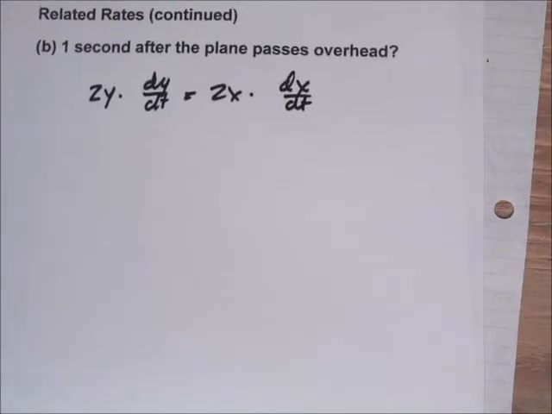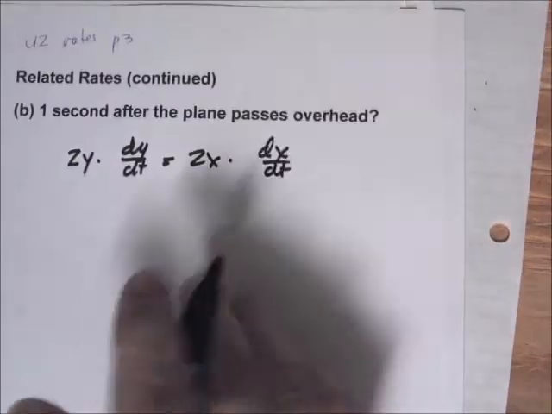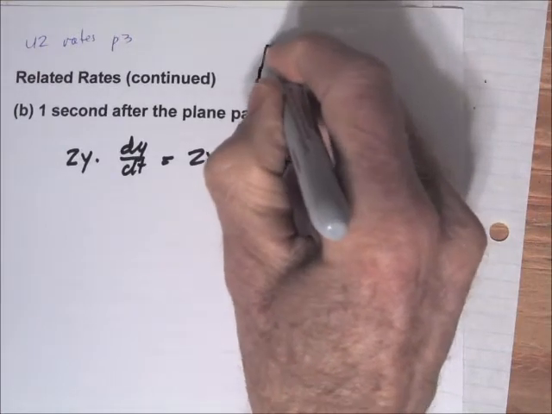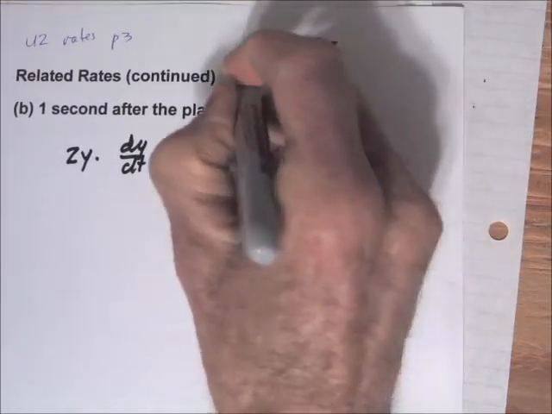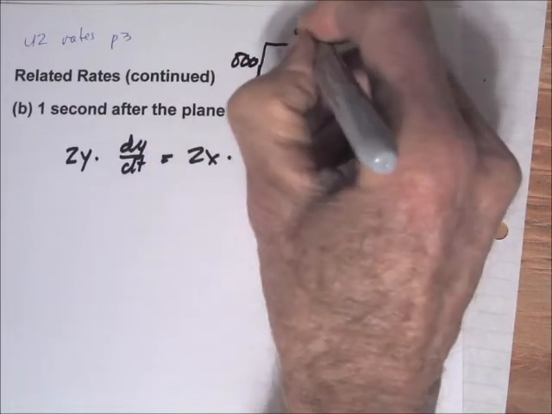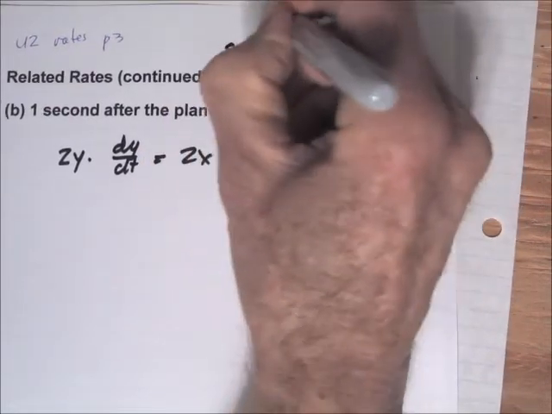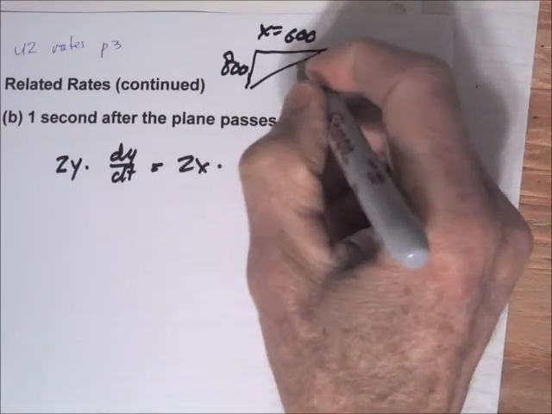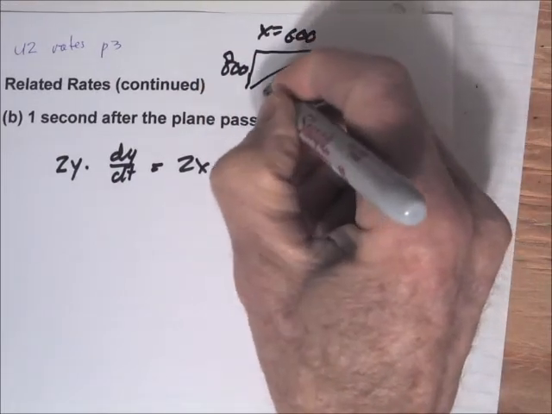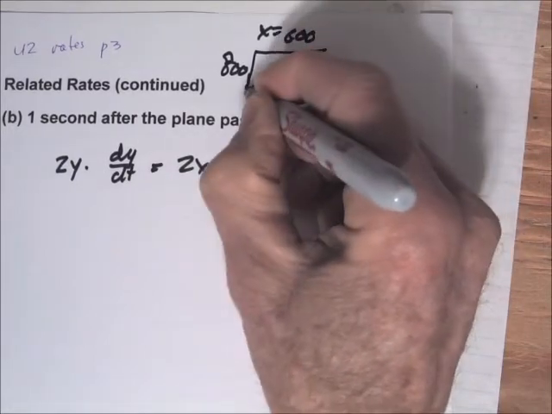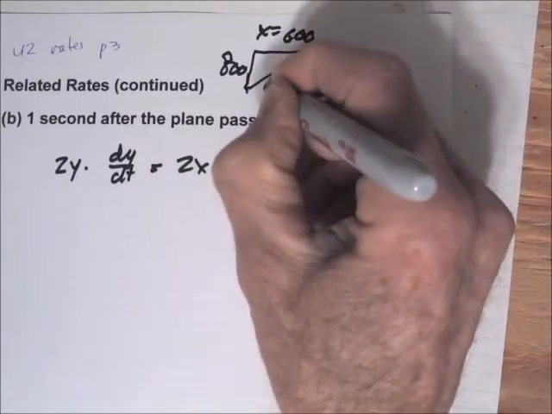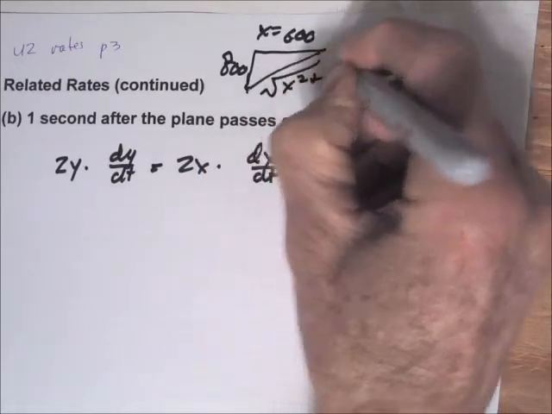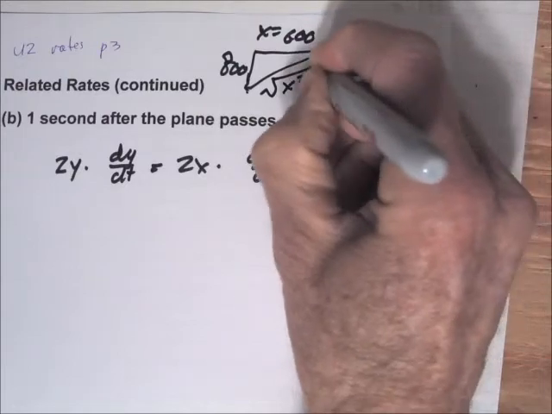After 1 second, the plane has gone 600 feet, and so y has to be the square root of x squared plus 800 squared.